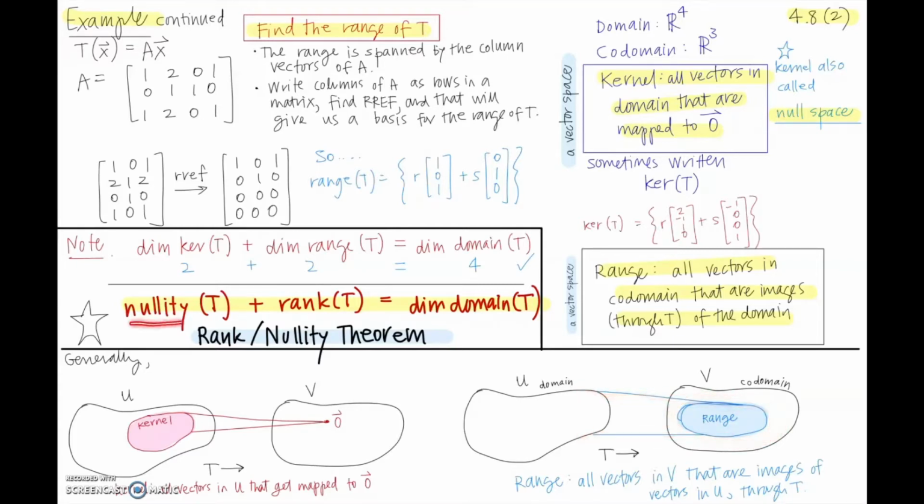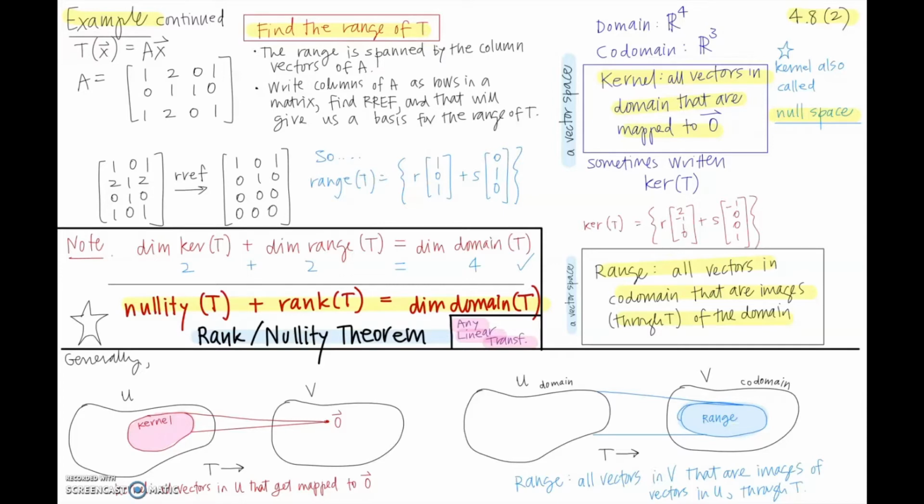And when you add these two things together, you will always get the dimension of the domain, the vector space that you started with. So this is an important theorem that we want to hold on to. We went through this example just to show how it works out, but it works for any linear transformation. So for any linear transformation, this theorem will be true.